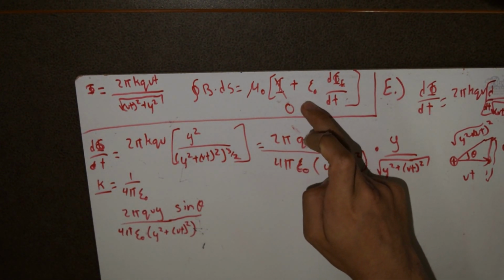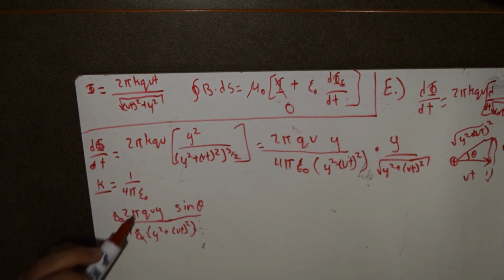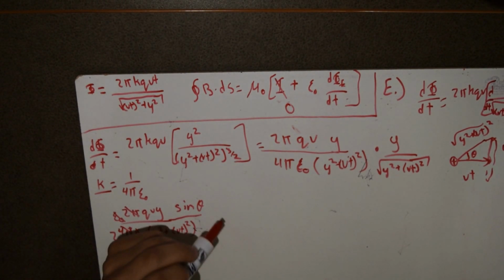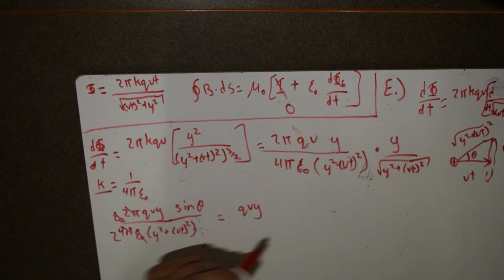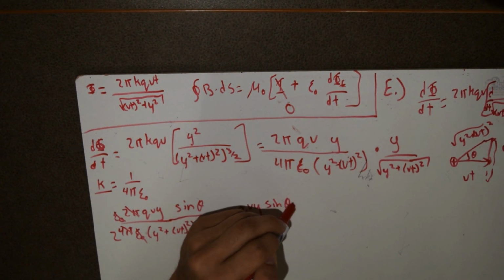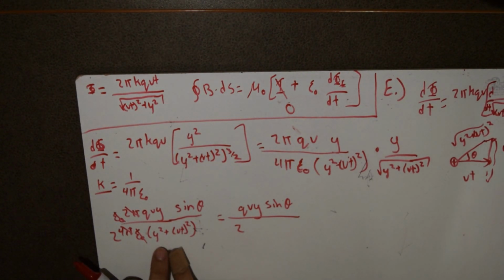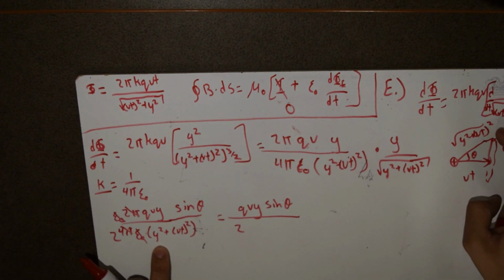We multiply an epsilon naught times the time derivative, so I'll add an epsilon naught there, and then that cancels out with that, and then the 2 pi cancels out with the 4 pi, and we're left with 2 in the denominator. Rewriting that again gives us qvy sine theta over 2, and then this, again, using our triangle from before, is just the radius squared.